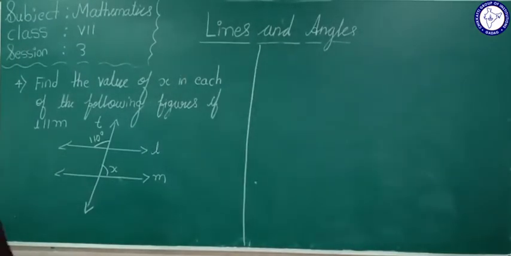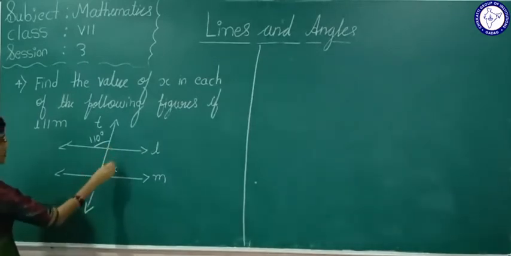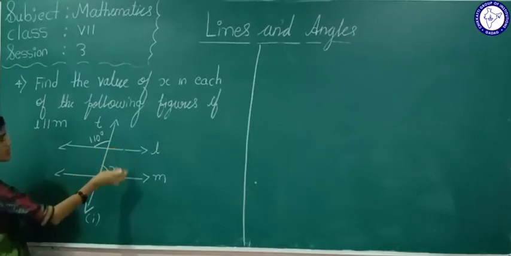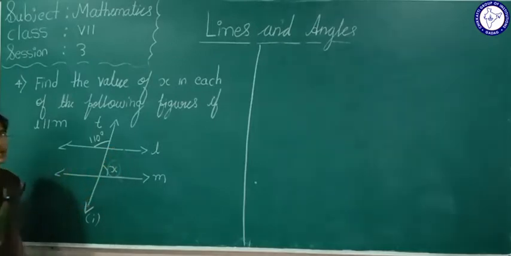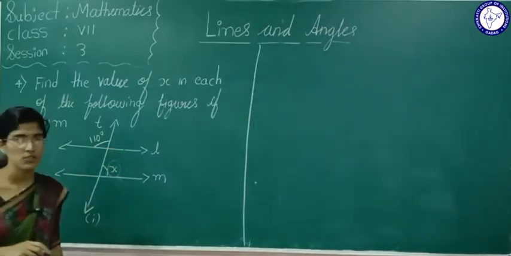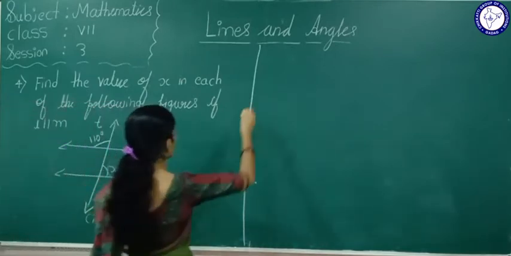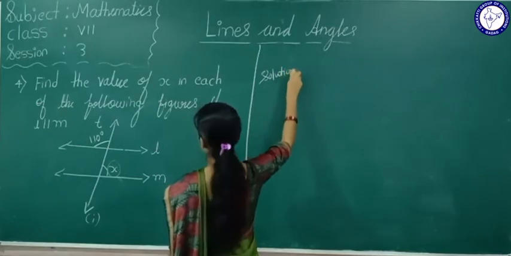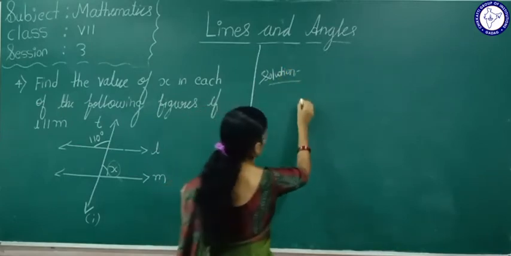Now see here, find the value of x in each of the following figures if L is parallel to M. Say this is the first figure. What are they told? If L is parallel to M, find the value of x. We have to find out here the value of x. Now see here, the solution.